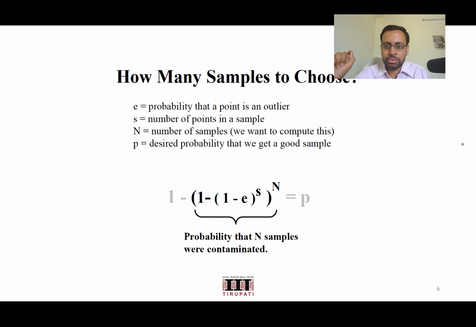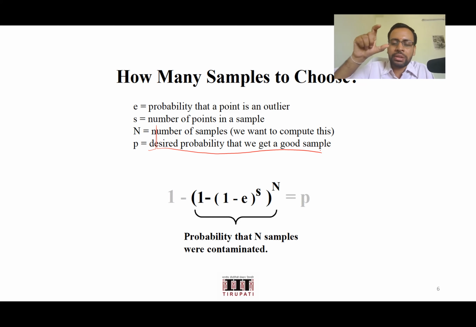So 1 minus of that would give you at least one success, or you could write this as equivalent to P, since P is the desired probability that we could take a good sample. Notice here, if I am doing this experiment of picking S samples n number of times, it is good enough if I am successful once. That's good enough for me, is it not?